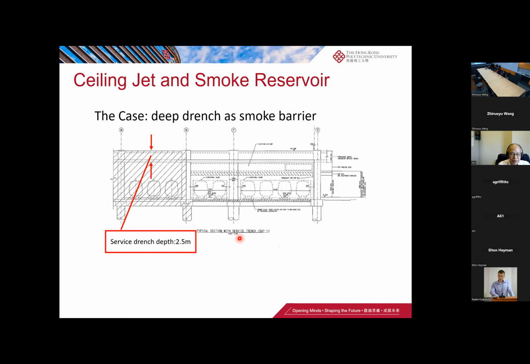I'll give a little bit more detail of the depot, which will give the reason why we need a larger smoke reservoir. Underneath this slab, there's a 25 hectare slab, fully covered by a concrete slab. The concrete slab is also 25 hectares. So underneath the concrete slab, they have a trench.